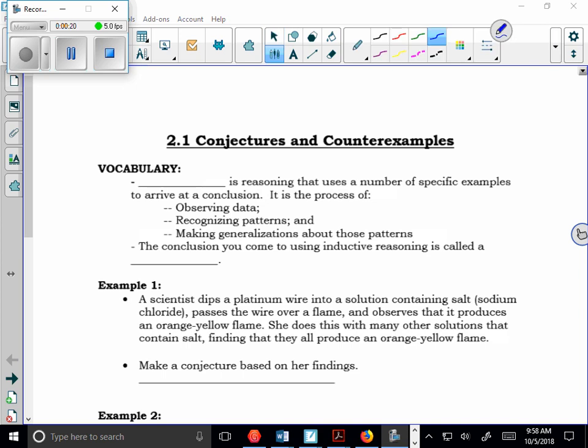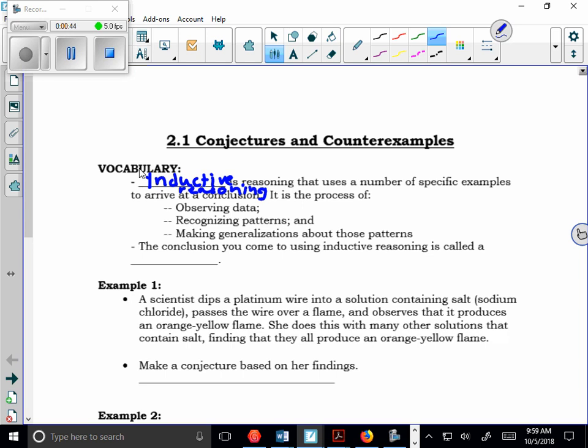The first word that's going in there, and the space isn't very big, so bear with me, is inductive reasoning. You probably can't see that very well, but hopefully you've got the sound on this. Inductive reasoning is reasoning that uses a number of specific examples to arrive at a conclusion.